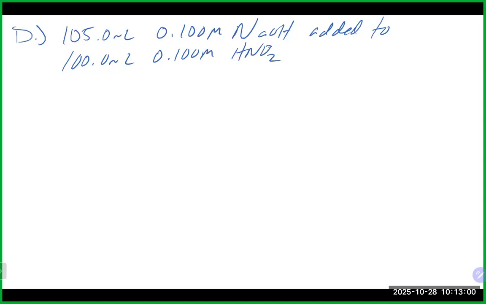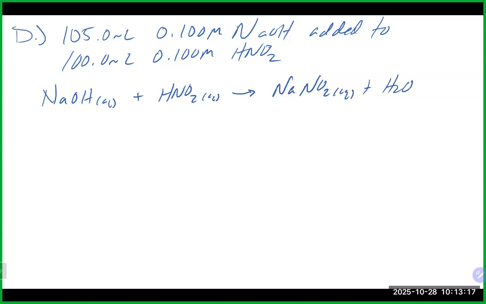In this case, we still get the same sort of reaction. So we have sodium hydroxide plus our nitrous acid going to make our sodium nitrite and our water.